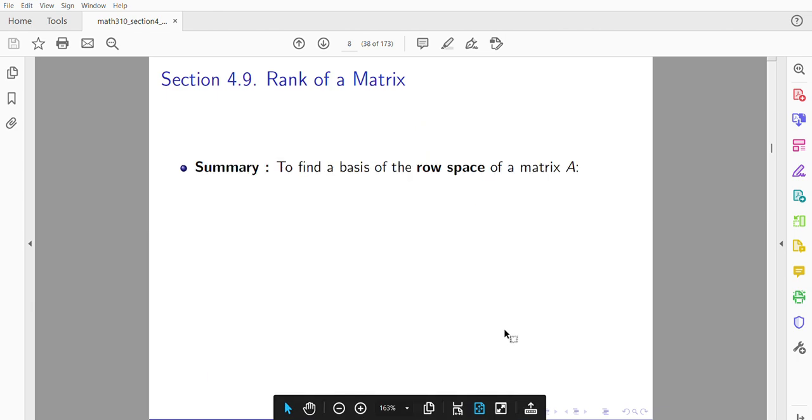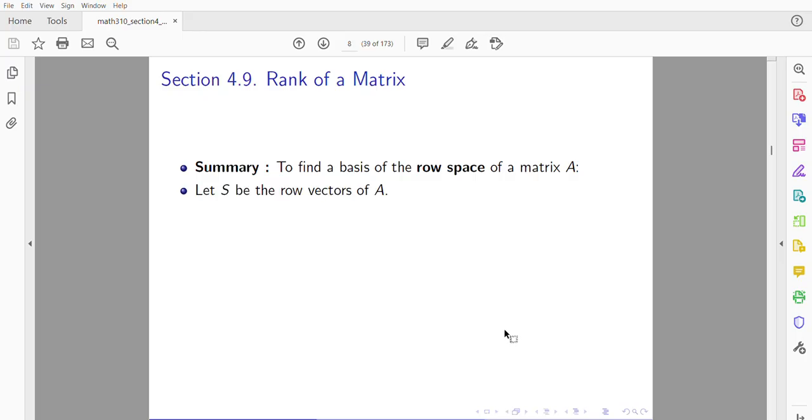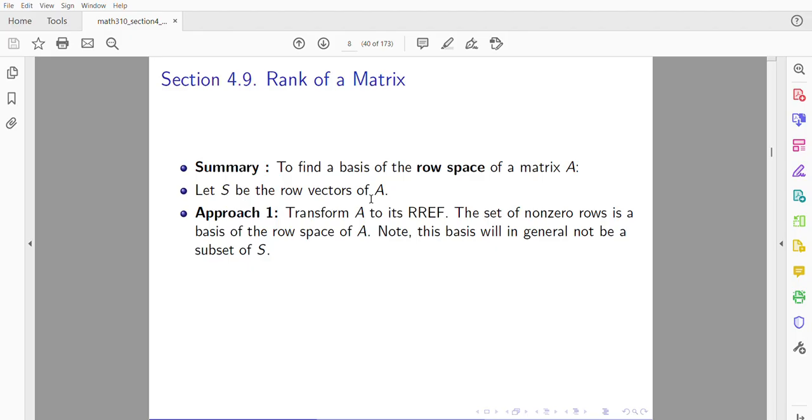So, summary. To find a basis of the row space, start with the row vectors. One approach: form a matrix, transform it to reduced row echelon form.